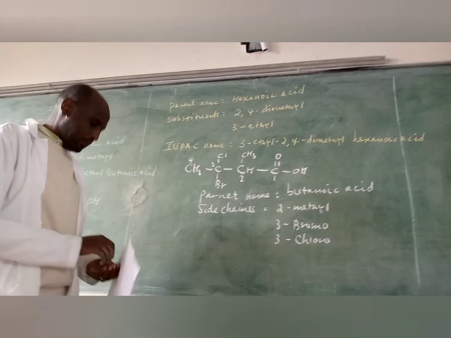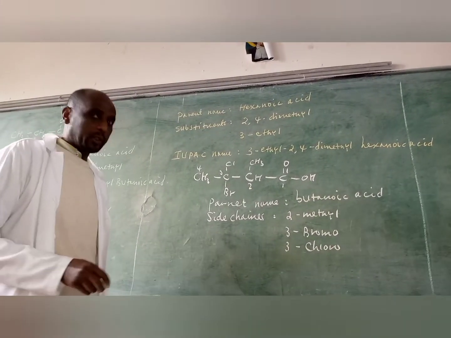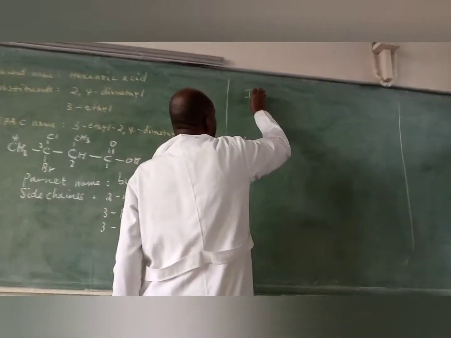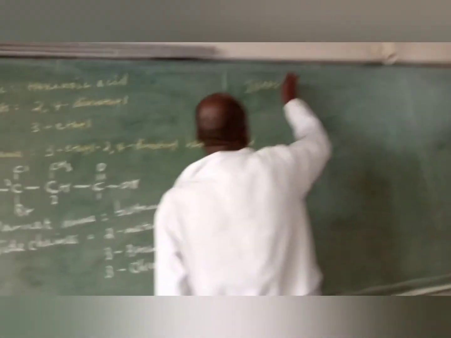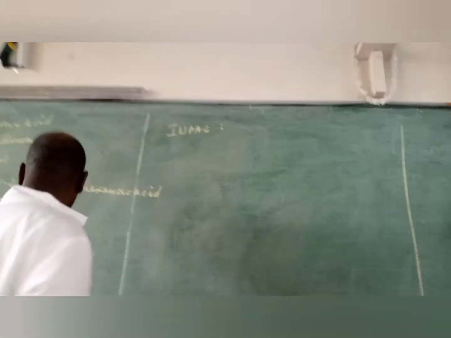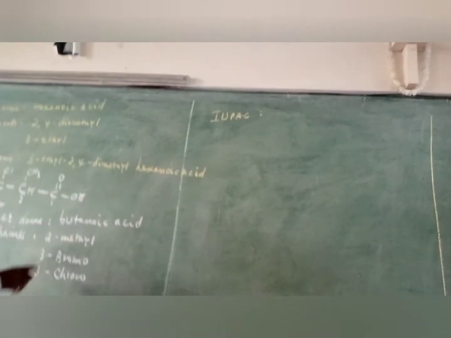Now the IUPAC name is just joining the substituents and the parent name together. Alphabetically the bromine comes first.